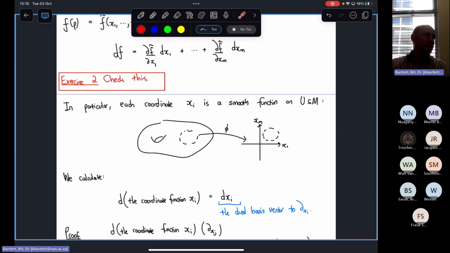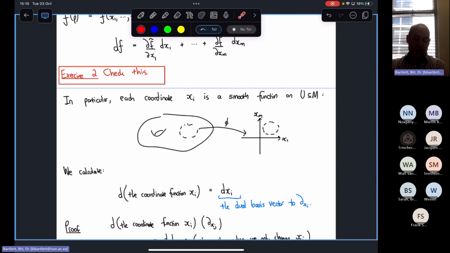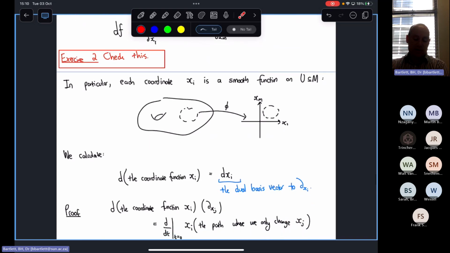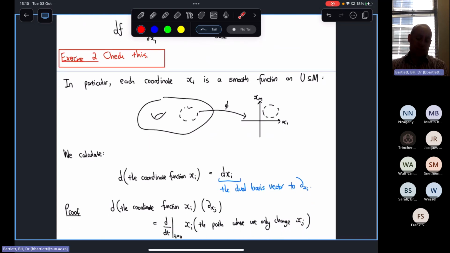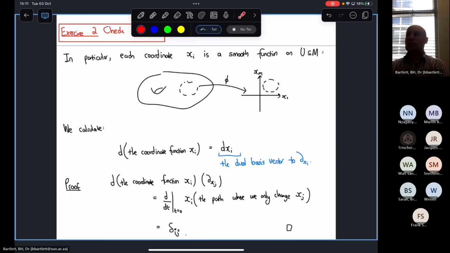So to prove that, to say that something is the dual basis vector, I need to calculate it on the basis vectors and check that I get delta ij. So let's do that. I now use the definition of what the differential of a function is. I have to differentiate the coordinate function along the path where we only change xj. And you'll agree with me, that means I'm going to get out delta ij.